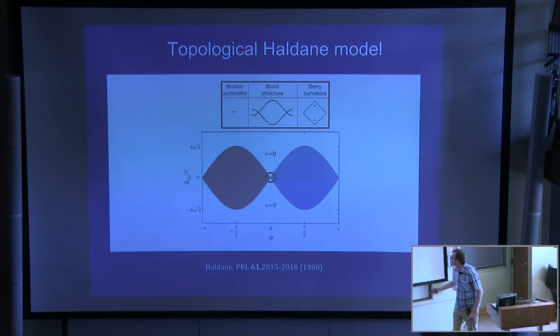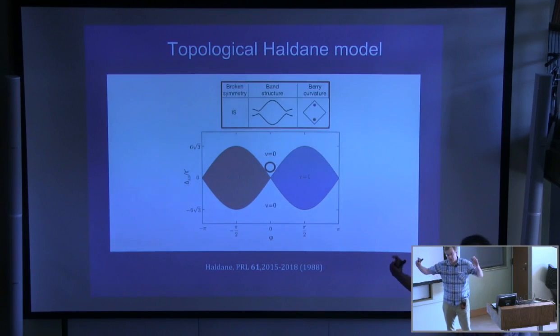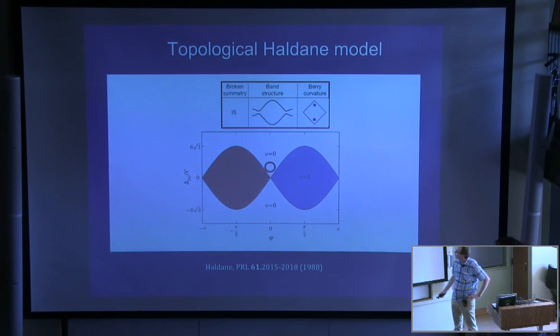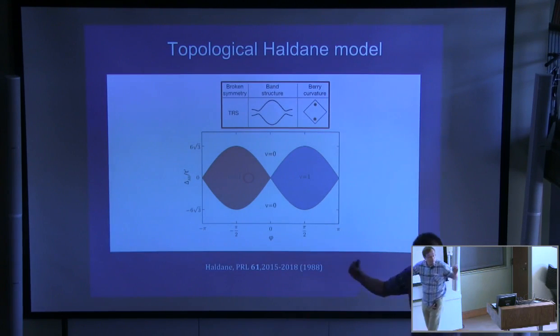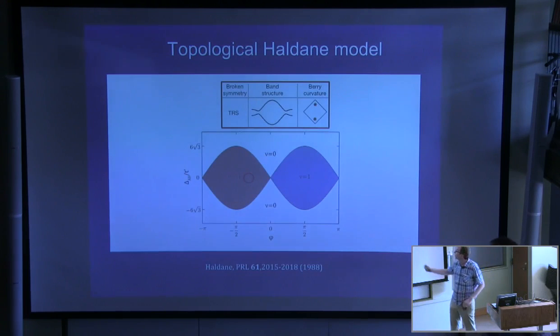And maybe let's have a quick look. So this is the situation of graphene. And then if you just break inversion symmetry, you open up the gap, but with the same Berry curvatures. If you break time reversal symmetry, then it's the same Berry curvatures, and you open up again a gap.